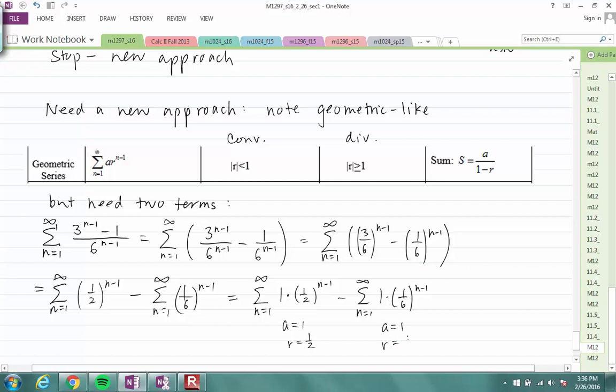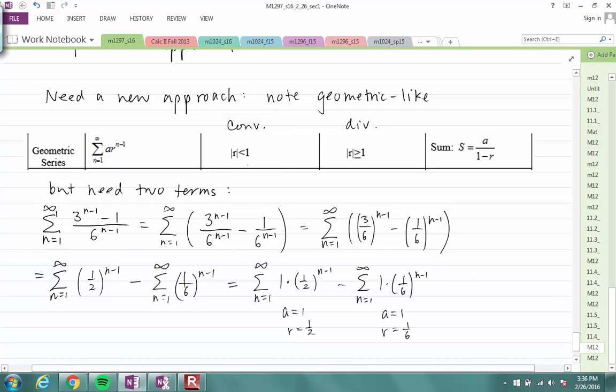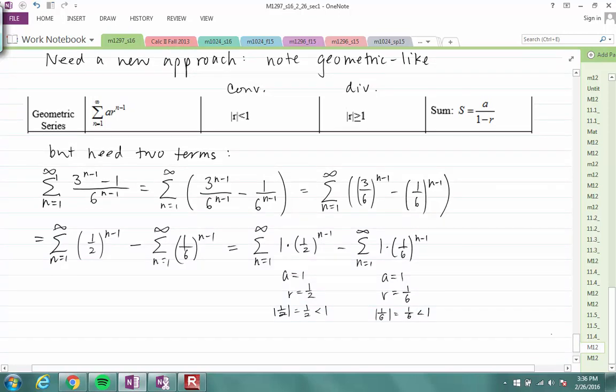The little thing that you do up here tells you to take the absolute value, and if that absolute value is less than 1, it's convergent, which is what we got going on with both of these. So that's good news. Anyway, each of these is convergent.